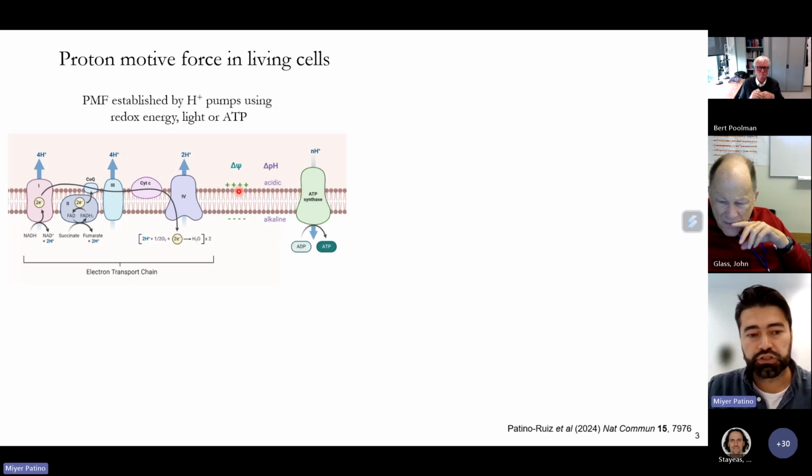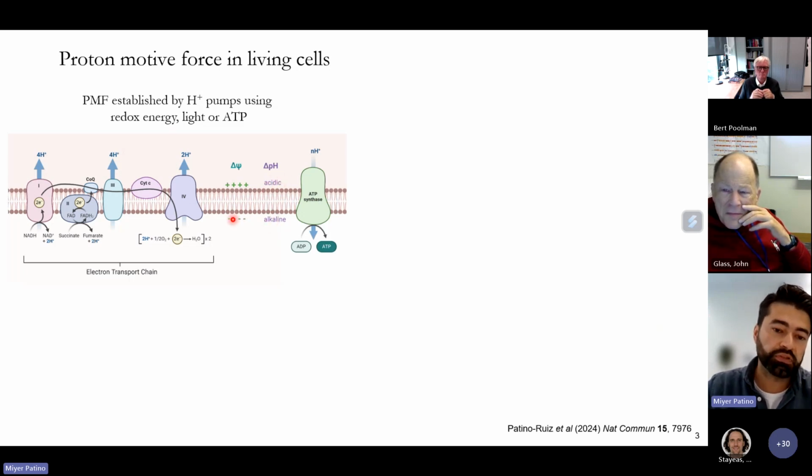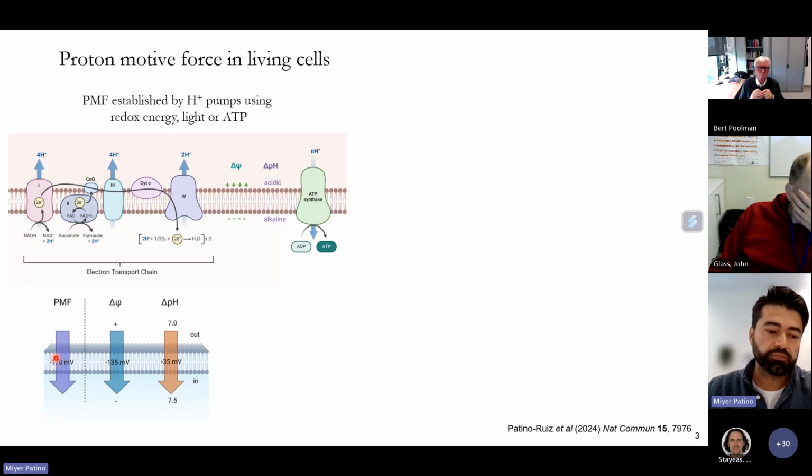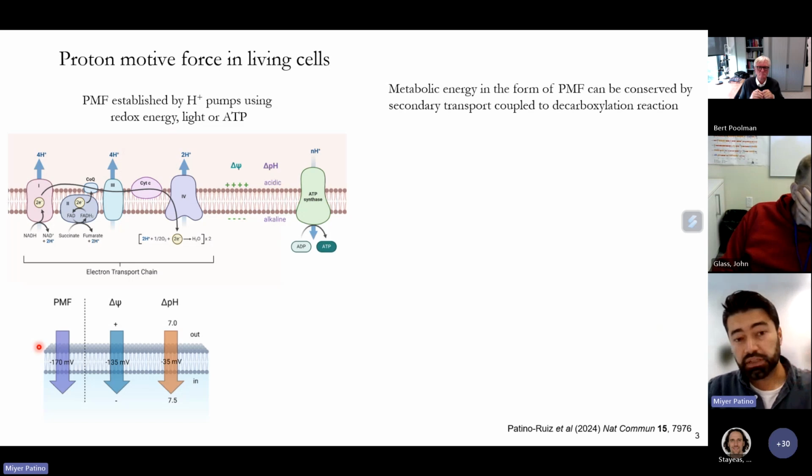By that extrusion, there is the formation of two potentials, an electrical potential and a proton chemical potential, or pH gradient, which is alkaline inside, and the membrane potential is normally negative inside. These two potentials form the proton-motive force, which is usually expressed in potential units.